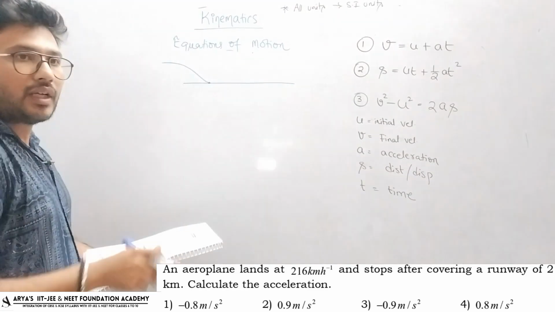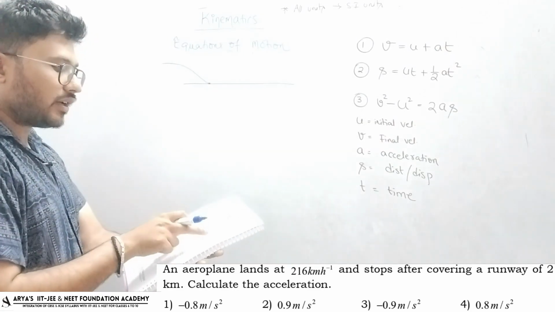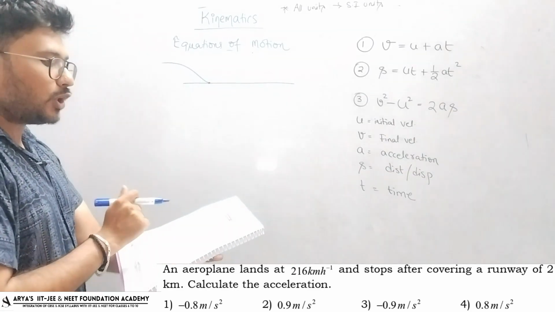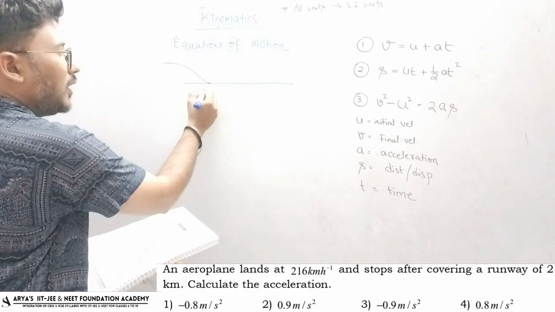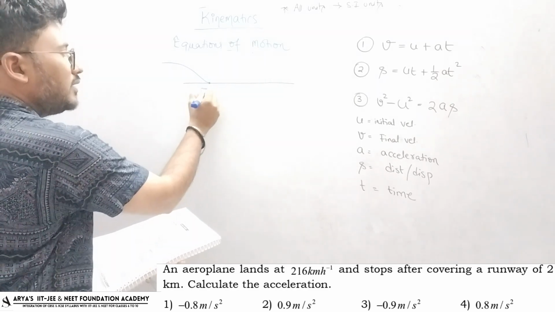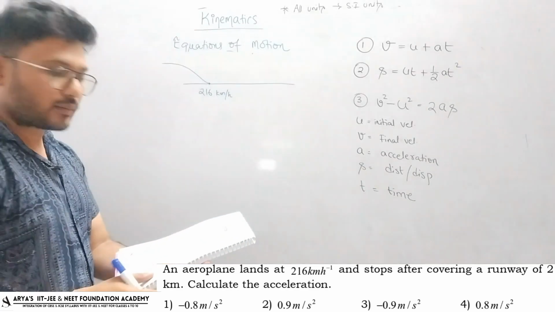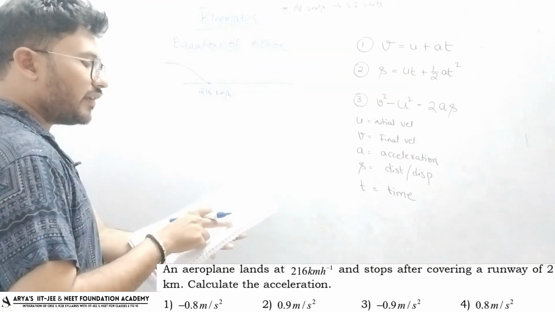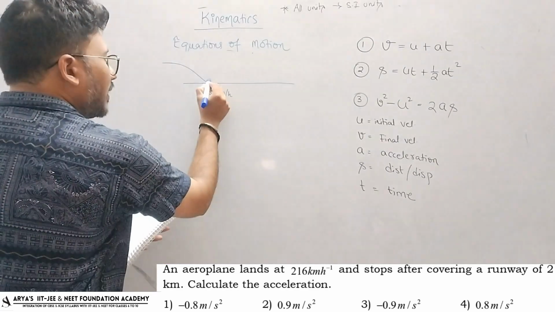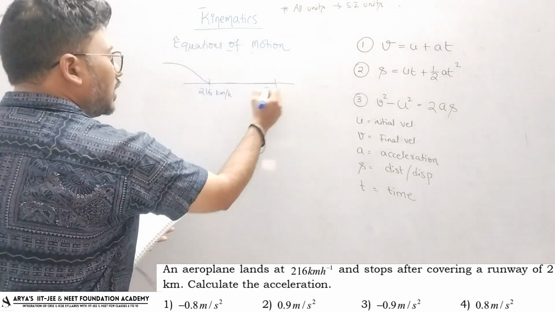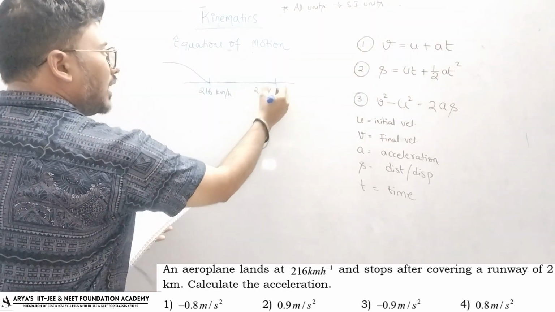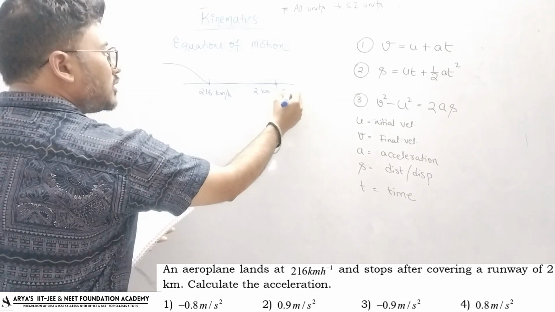Here it is landing. When it is landing, what velocity have they given? The aeroplane lands at 216 km per hour. At the point of landing, its velocity is 216 km per hour and it stops after covering a runway of 2 km. From here it travelled 2 kilometers and here it stops.